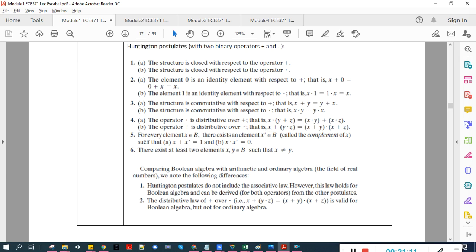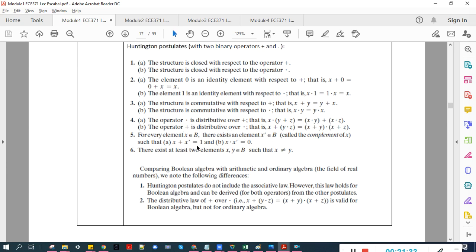Number 5. For every element x that is an element of the set B, there exists an element x prime, which is an element of B, called the complement of x, such that x or x prime is equal to 1, and x and x prime is equal to 0.